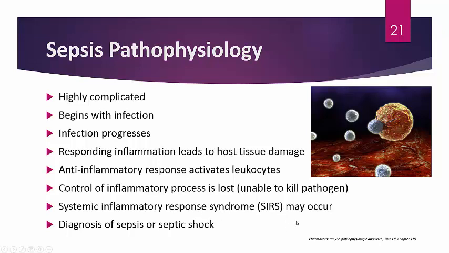And as a result may actually result eventually in hypotension as a result of vasodilation from all of the inflammatory responses that are going on with the host tissue damage. And then as a result of that, you may get a diagnosis of sepsis or septic shock.